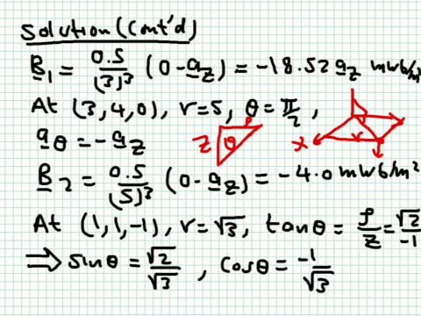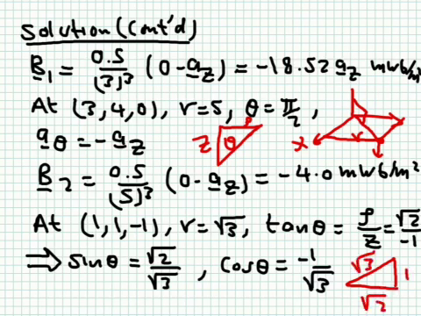Rho at this point is nothing but the square root of x squared plus y squared, the square root of 2. Z is minus 1. So this is the tan of the angle. Of course, it's an angle greater than pi over 2. Then the sine will be positive and the cosine will be negative. These numbers are coming from the famous triangle, which is 1, square root 2, square root of 3.